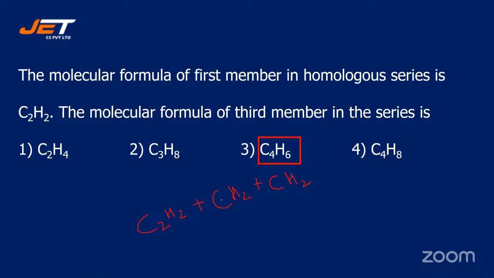So the first member is C2H2, the second member will be C3H4, and the third member will be C4H6.